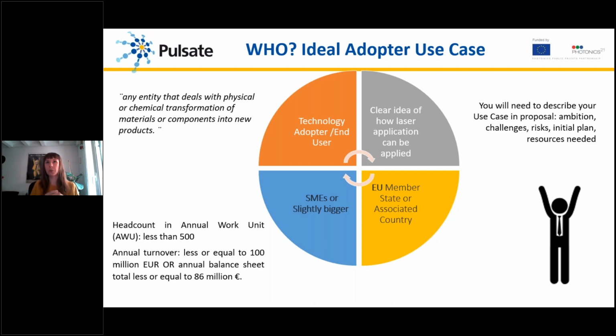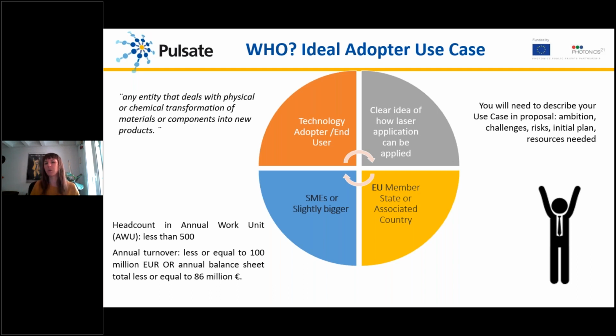So of course we will not select the best ones like we did with the experiments. It's more about feasibility of your proposal. So we are looking for the adopters that have some vision, all the technology, and they need to assess if that's actually feasible, okay, in the future. So you have to show your ambition, you have to show that you know the challenges, you know the risks, that you have some initial plan, and you have to tell us what you need.